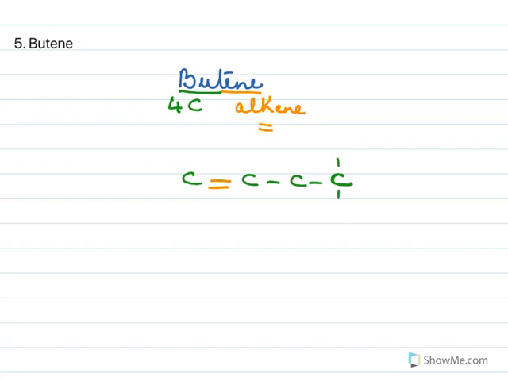So first carbon, 1, 2, 3, 4. Then again 1, 2, 3, 4. Now look at this carbon, 1, 2, 3, 4. Only one hydrogen can attach. This carbon, 1, 2, 3, 4. So this is butene, the structure of butene.